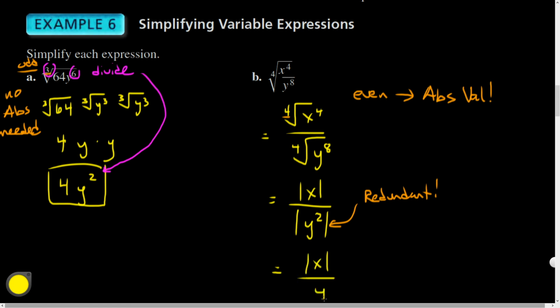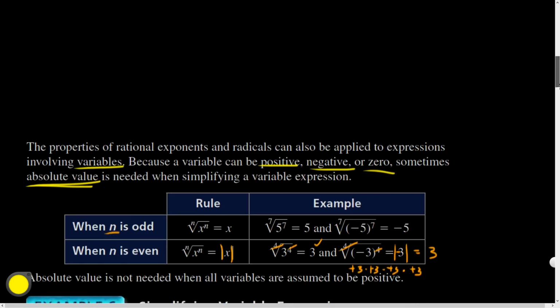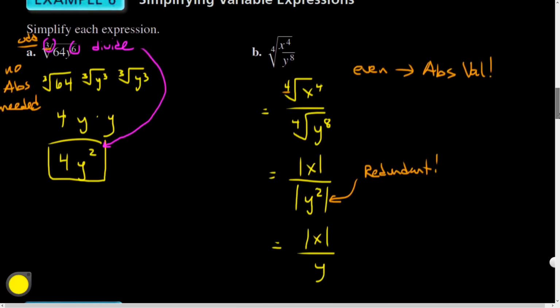The x will still need the abs val, but the y will not. And so here we go. So here's the simplified answer, assuming positive, negative, or 0 values for our variables. Tell you what, I'm going to write my little divide trick here as well. Divide. There you are.